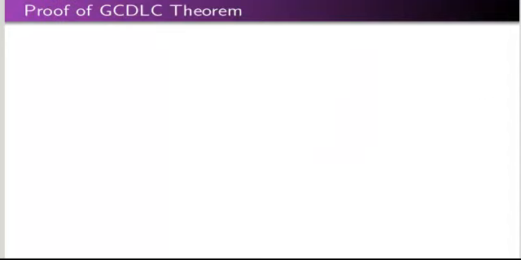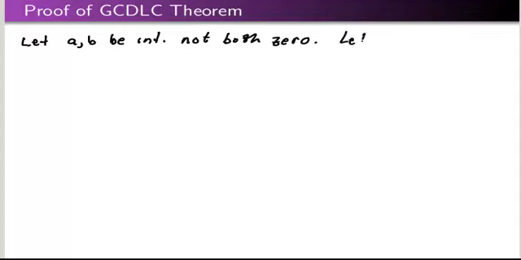Okay, now let's go back to the GCDLC theorem. So I let A and B be integers, not both 0. And I'll let D be the greatest common divisor of A and B. Okay.